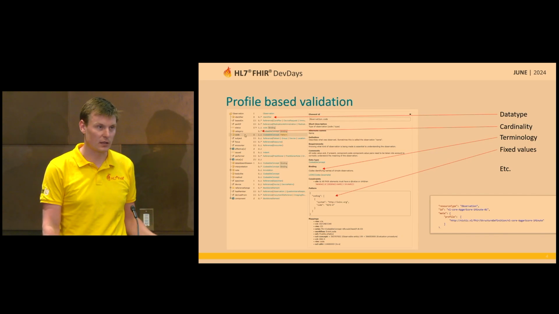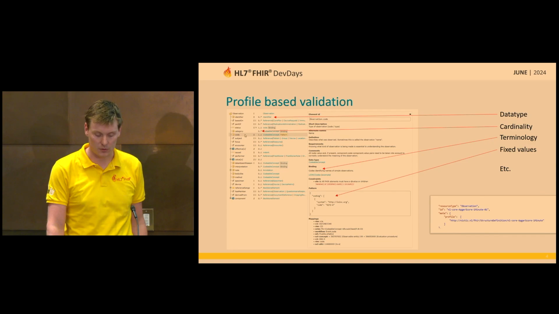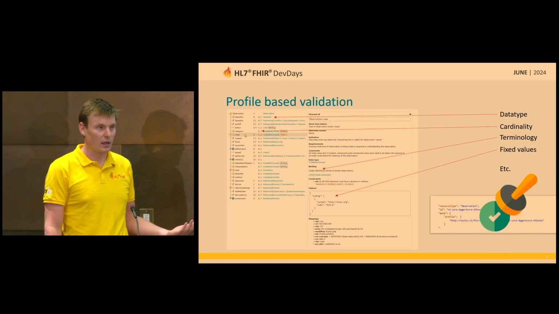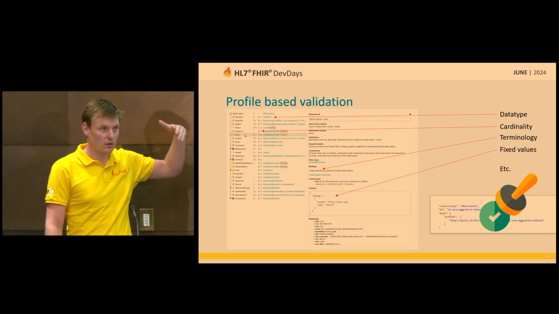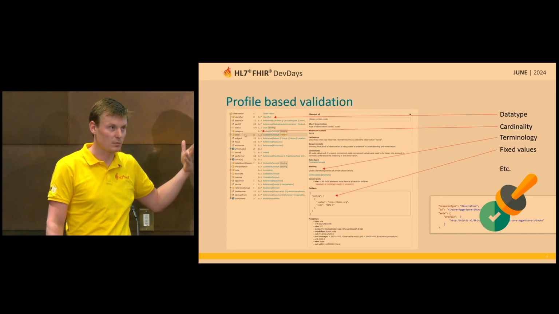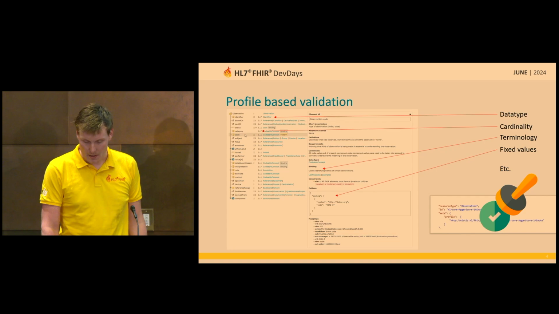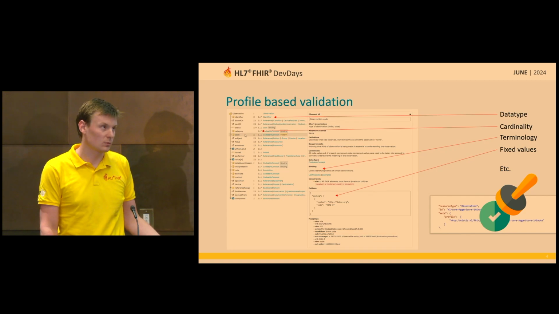That's what profile-based validation is, and that's what the .NET Validator is for as well. So at the end of the day, when we validate it, it will give you a stamp like this is success, or this is an error, or this produced warnings, but it's okay still. So that's what we tend to do.